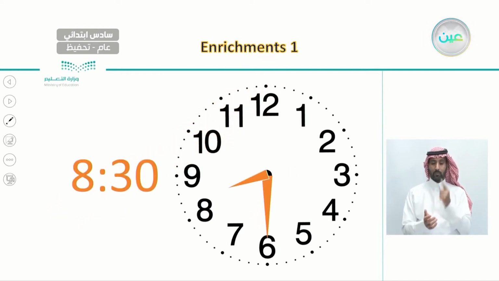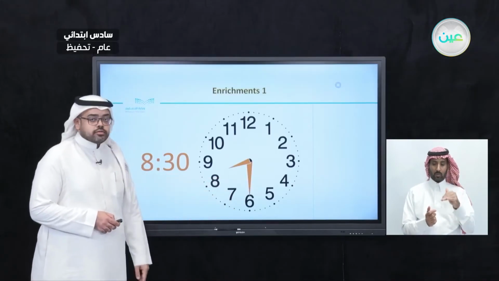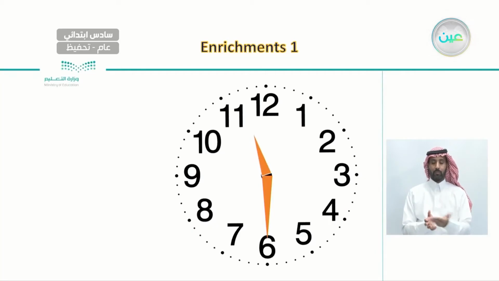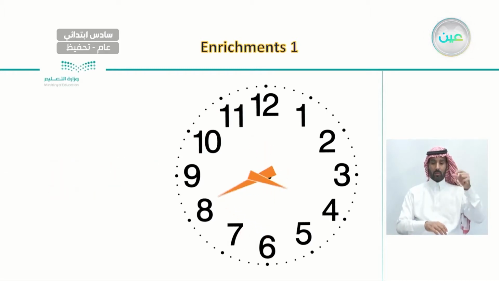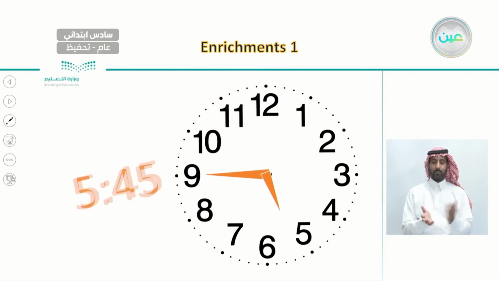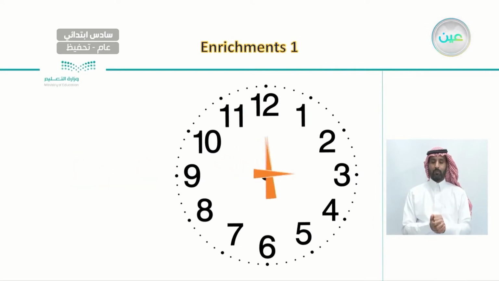Like this, it is 8 and 30 minutes. And also, if a clock is like this, we would say 11 and 30 minutes. And if it is like this, we would say it's 5 and 45 minutes.